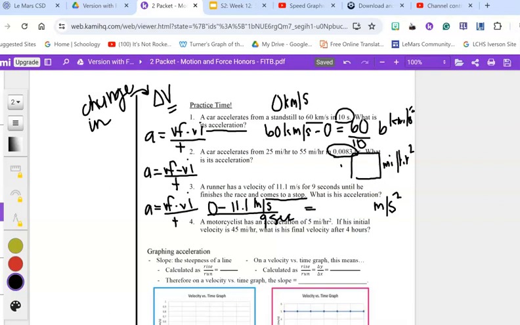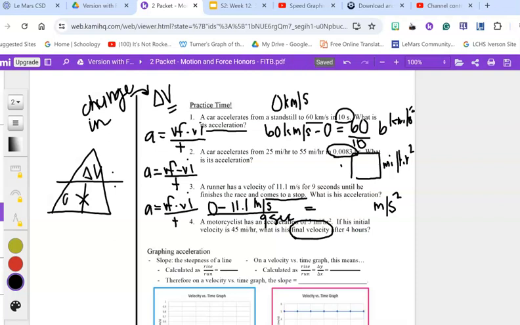And number 4, a motorcyclist has an acceleration of 5 miles per hour squared. If his initial velocity is 45 miles per hour, what is his final velocity after 4 hours? What am I solving for? Final velocity. So that's going to be a little trickier. Divide, multiply. I've got delta V up here.